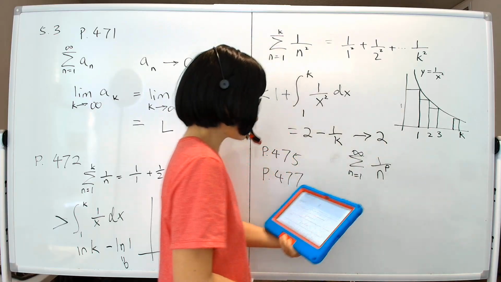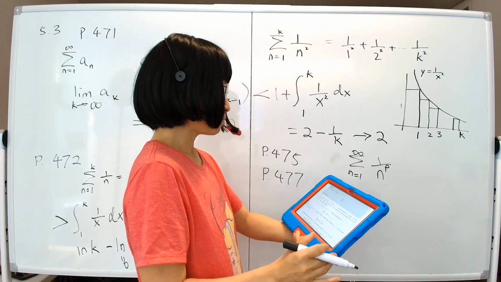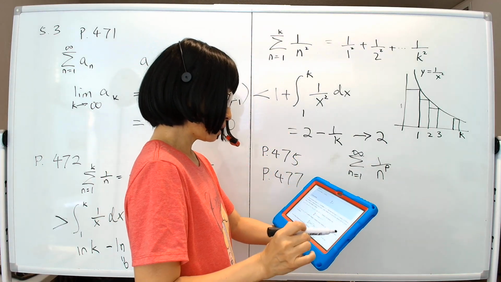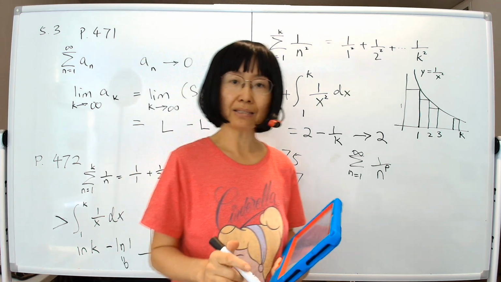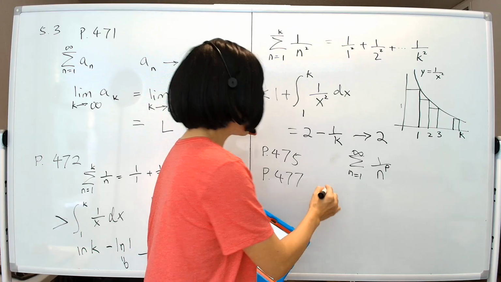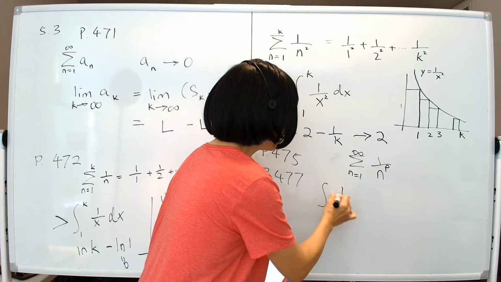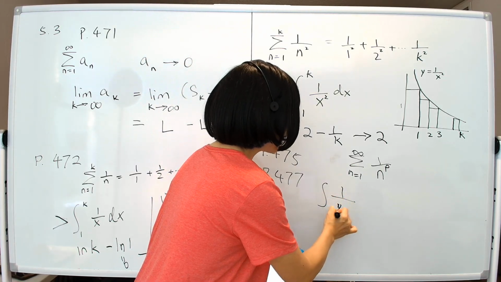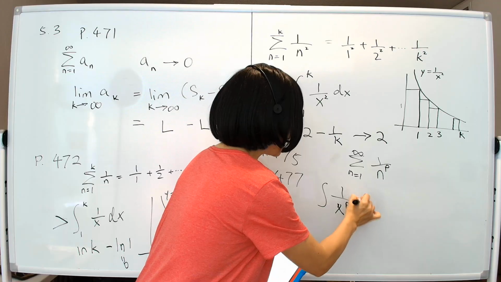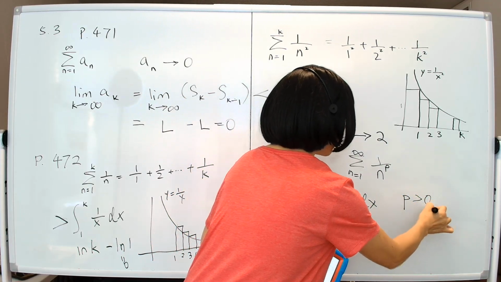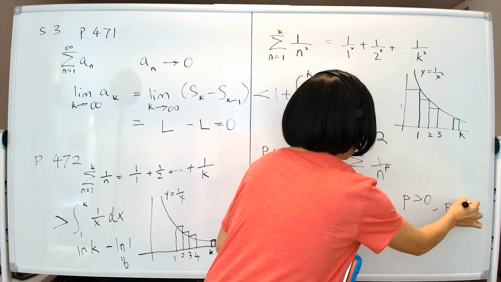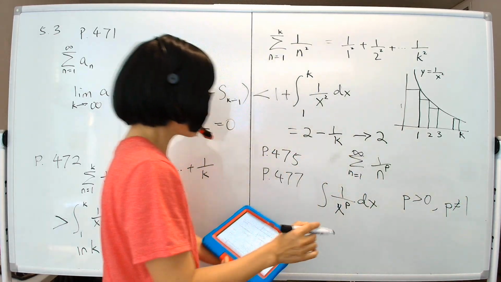So what we're concerned with right now is what happens when p is bigger than 0 but doesn't equal 1. In that case, we will apply the integral test we just did and consider the integral of 1 over x to the power p, dx, where p is bigger than 0 and doesn't equal 1. In that case, we can integrate this thing.